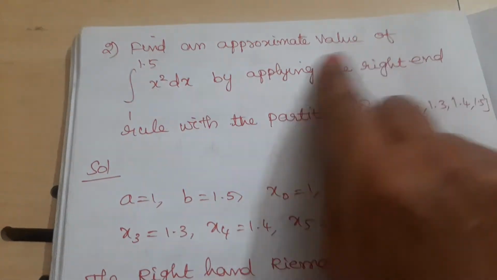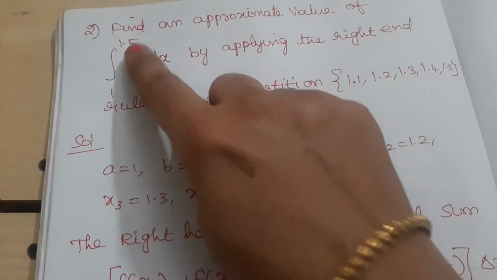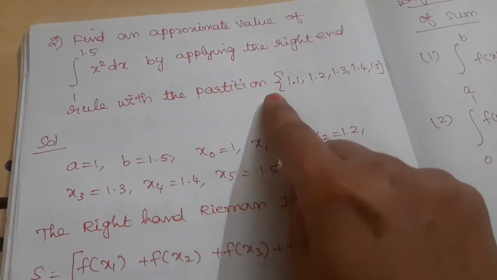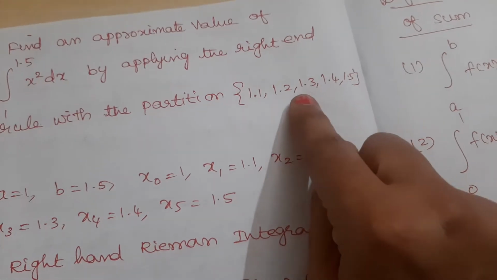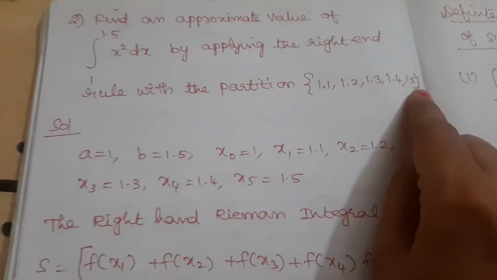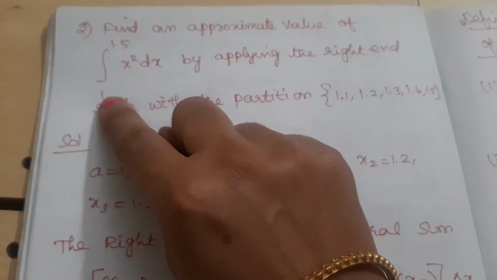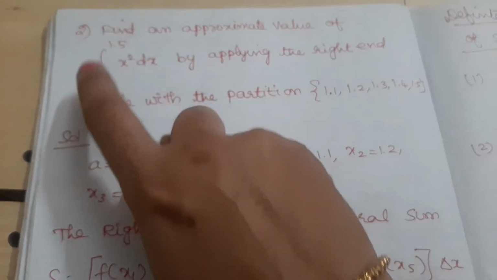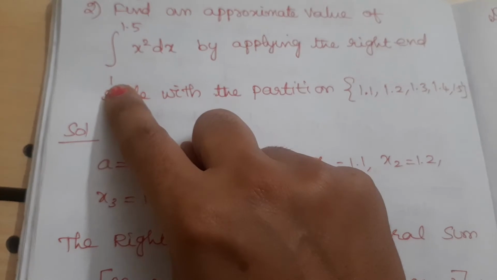Find an approximate value of the integral from 1 to 1.5 of x square dx by applying the right-hand rule with the partition 1.1, 1.2, 1.3, 1.4, 1.5. As I told, always this is x0 and this is b. x0 is also taken as a.